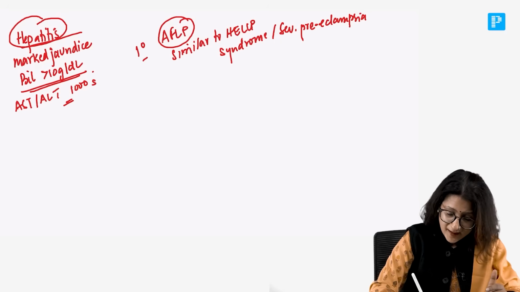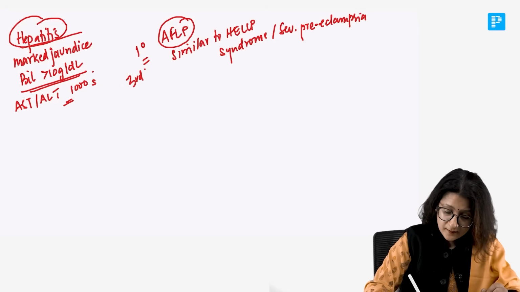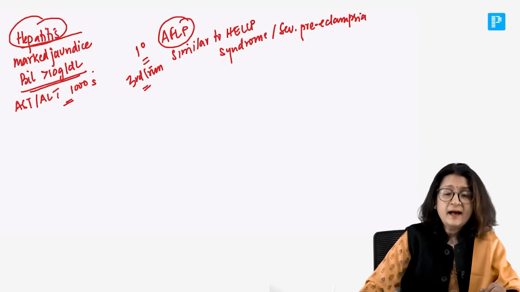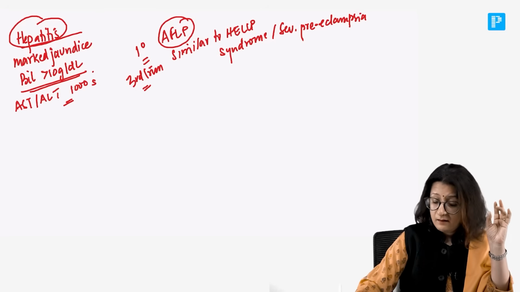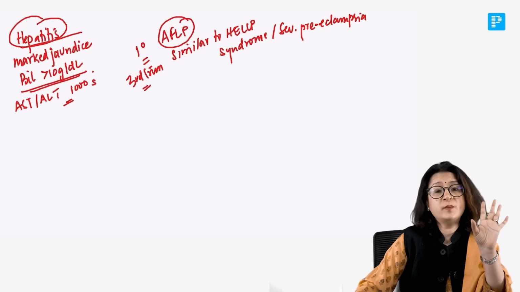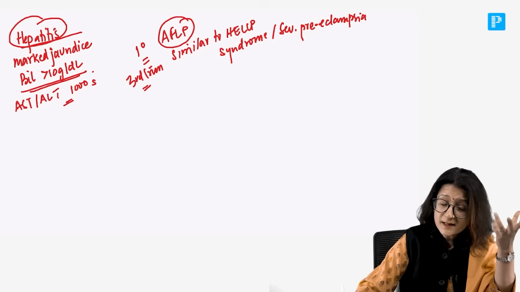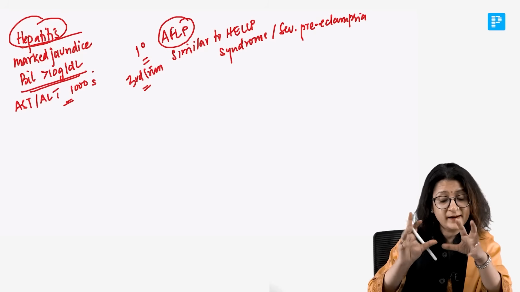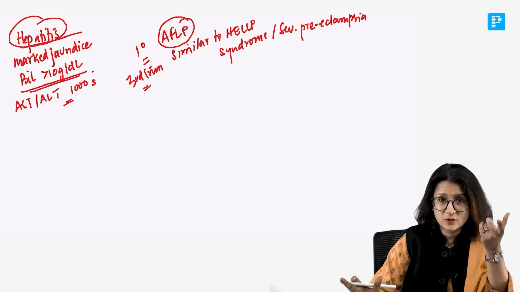It will be a primigravida, in the third trimester, with maybe high blood pressure, edema, proteinuria may also be there, elevated liver enzymes, jaundice may also be there. So it will look very similar to HELLP or severe preeclampsia, but how will the diagnosis be different?